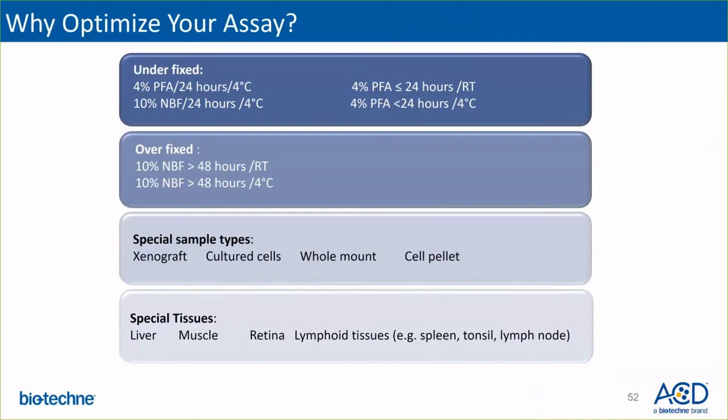There are also some particular sample types that could require different pretreatment conditions and optimizations, with a few listed here. If your tissue of interest is not listed, or you're unsure if your tissue has been fixed as per our recommendations, please feel free to reach out to our technical support group.